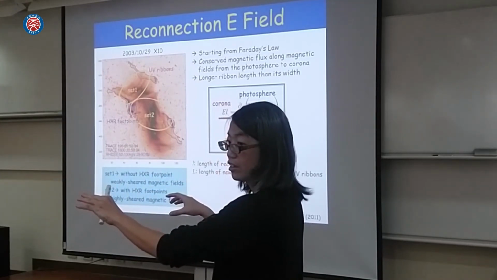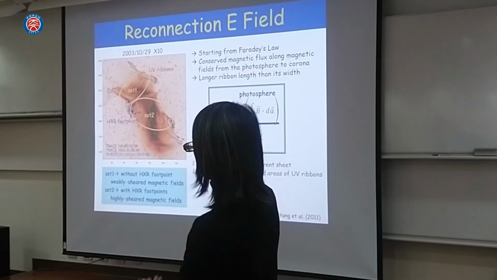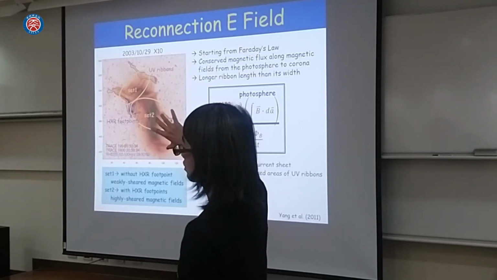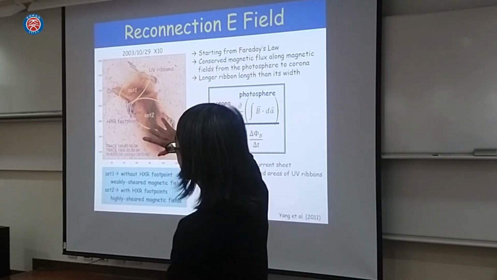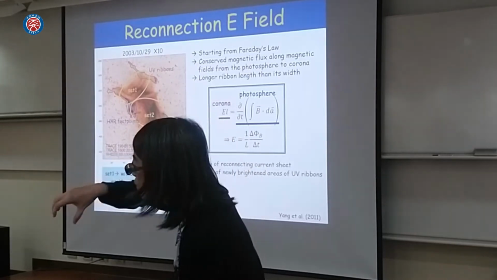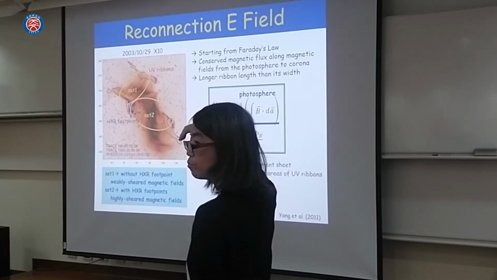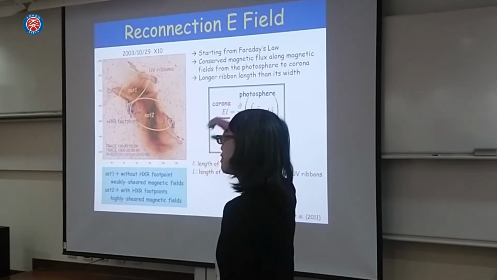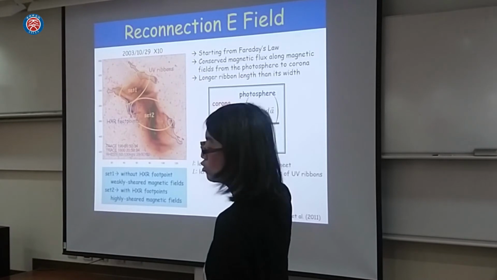But if the flare occurs on the disk side, it's hard to distinguish whether the source is located at the loop or at the top. But we can guess from the energy.